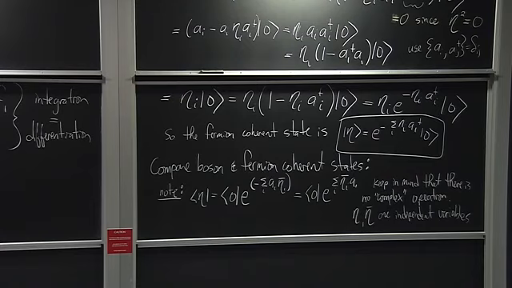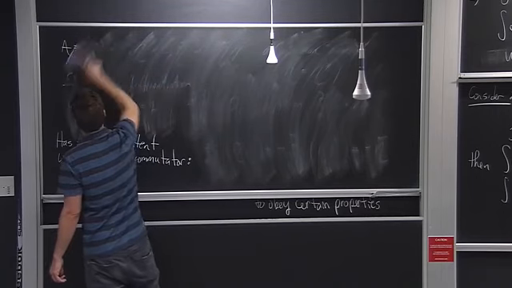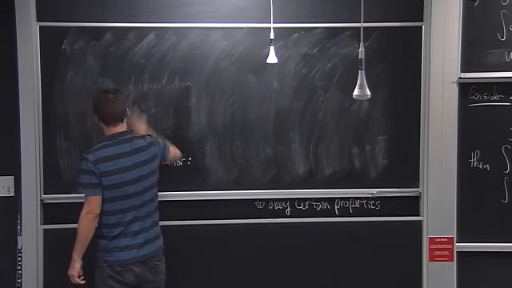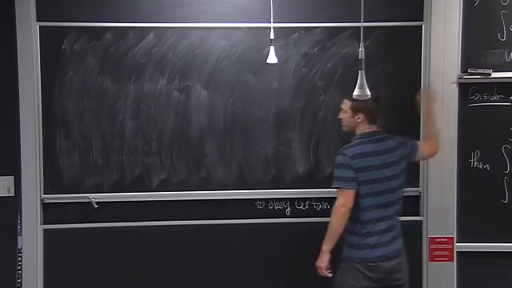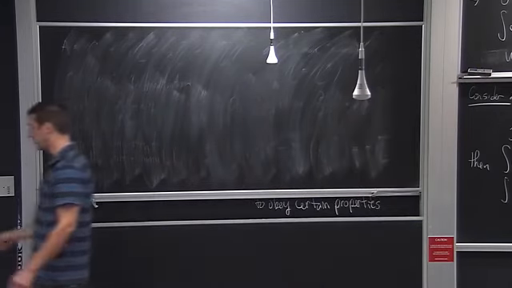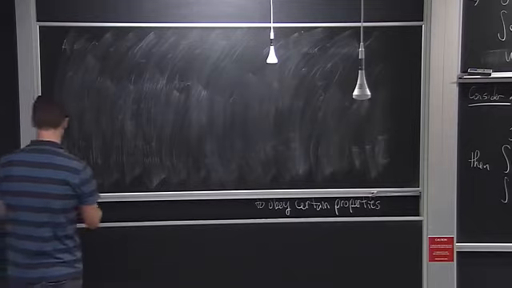You have an exponential, but that exponential only has two terms in it, because eta squared is 0. So your Gaussian integral is different.